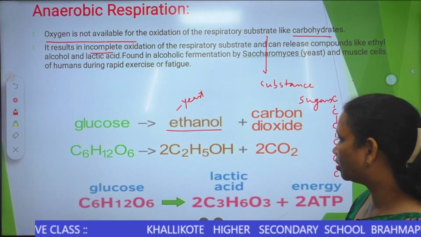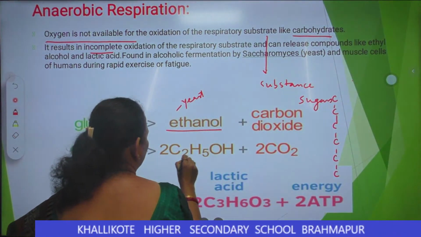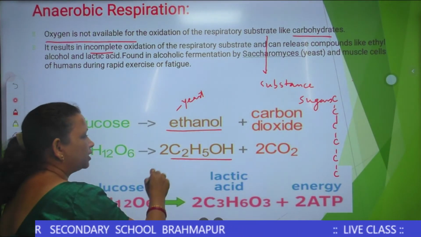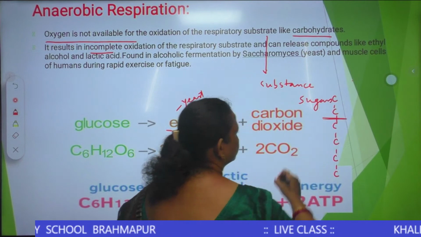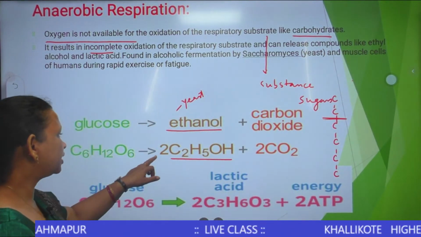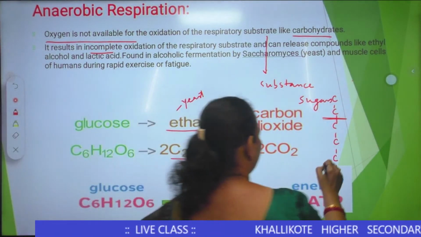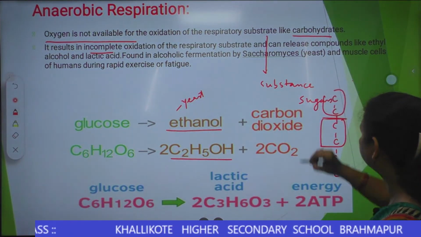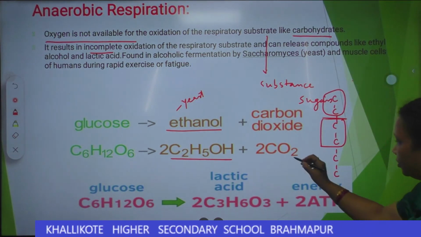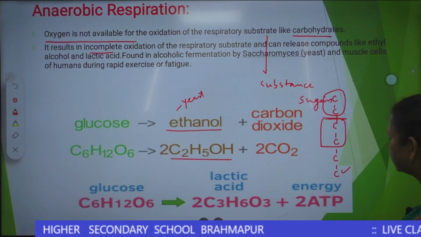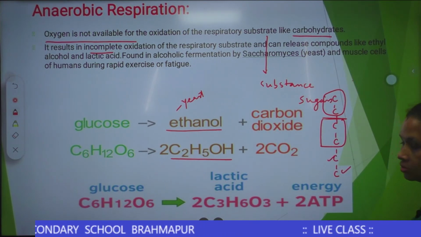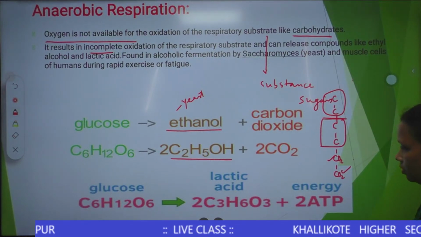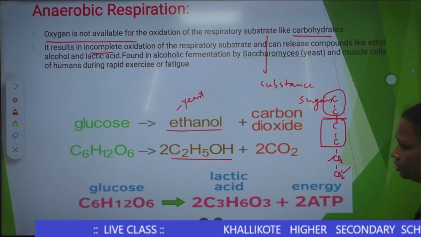Ethanol is C2H5OH, so the carbon number is 2. How many molecules are formed? There will be formation of 2 alcohol molecules, or ethanol, and release of 2 carbon dioxide molecules.